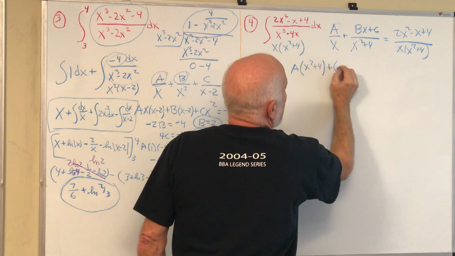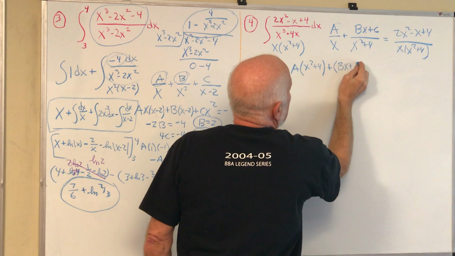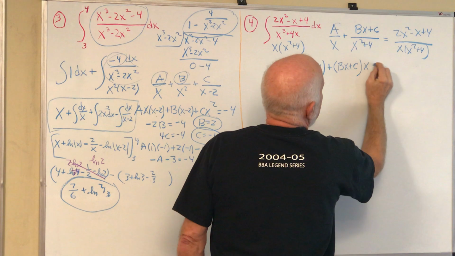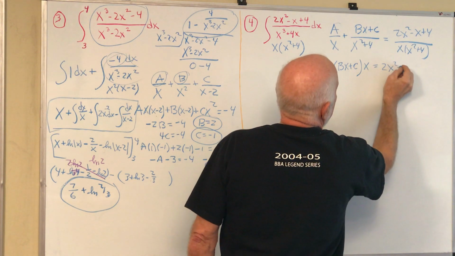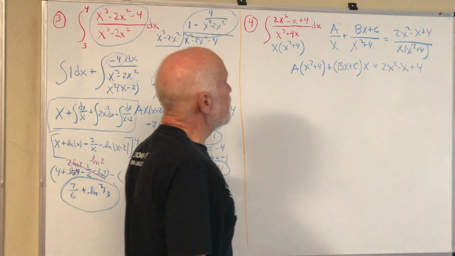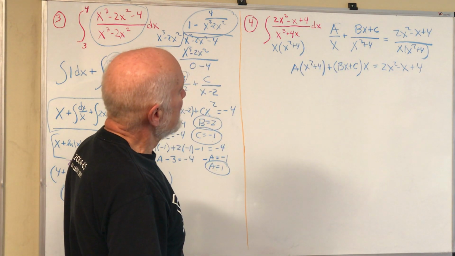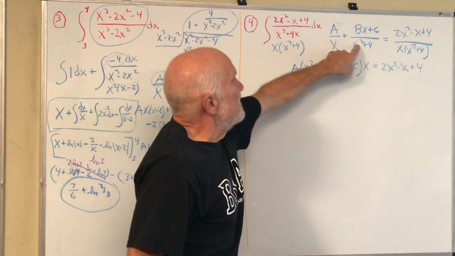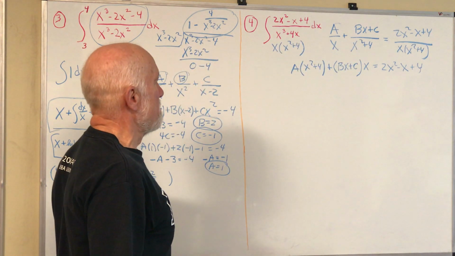This factor up here is missing just x. So if we can make this work with an a, b, and a c, then we can rewrite this integral as these two separate integrals.